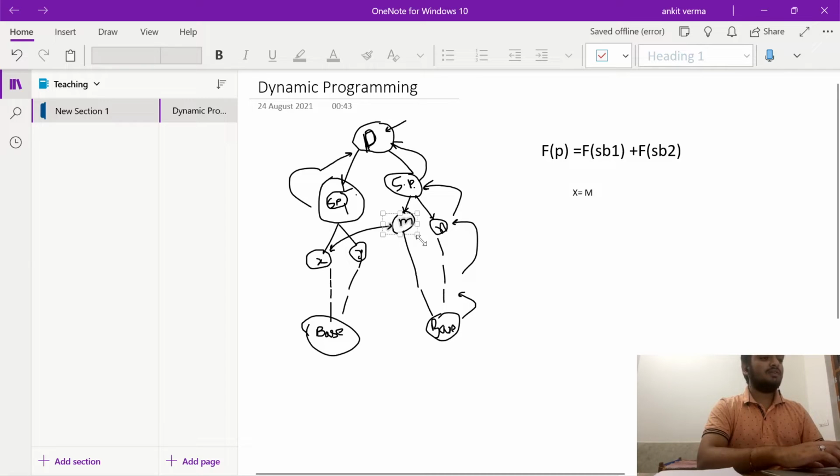It is basically time consuming. So what we can say here is we can store this value in something like an array.